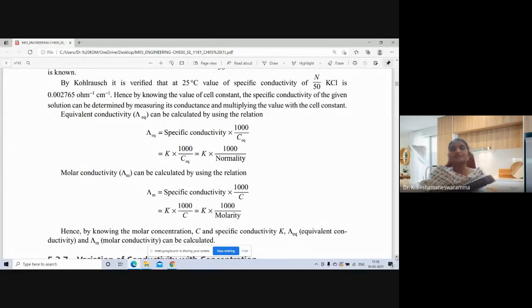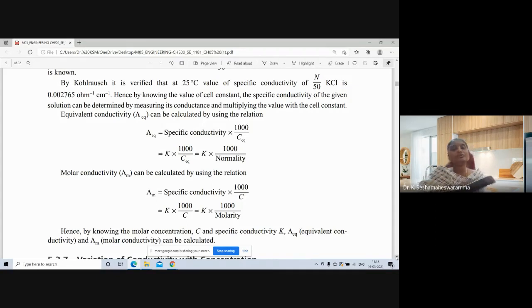Here, for molar conductivity, it is specific conductivity into 1000 by molarity as per the relation. Hence, by knowing the molar concentration, conductance C and specific conductivity K, equivalent conductivity and molar conductivity can be calculated.